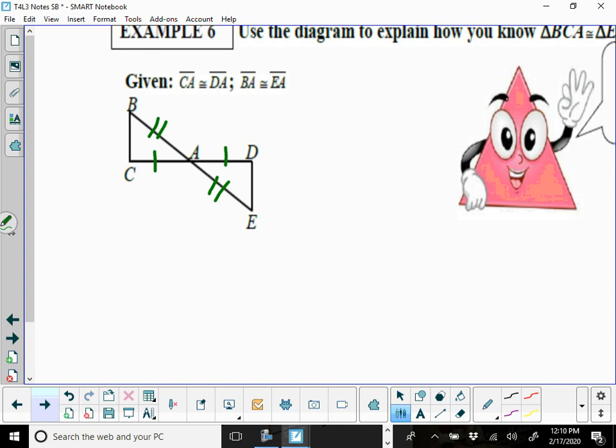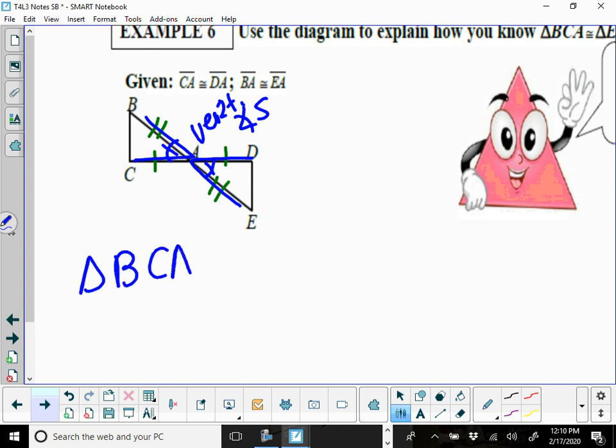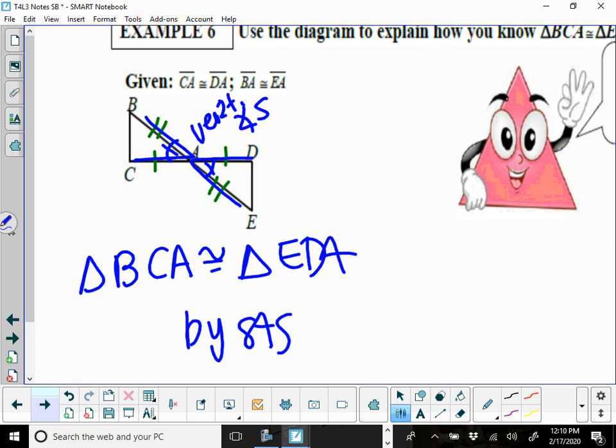All right, and then right here, it's not labeled, but we know that this angle and this angle are congruent because they are vertical angles. Okay, so then right there you see that we have side angle side, side angle side. So we're going to say that triangle BCA is congruent to triangle EDA by side angle side.